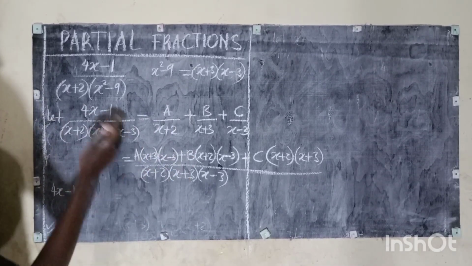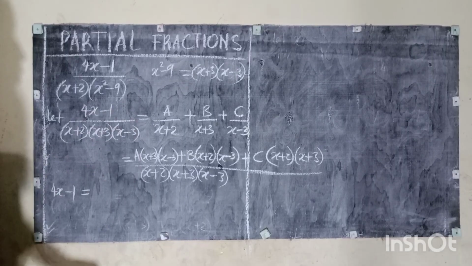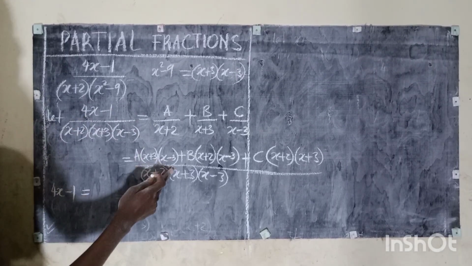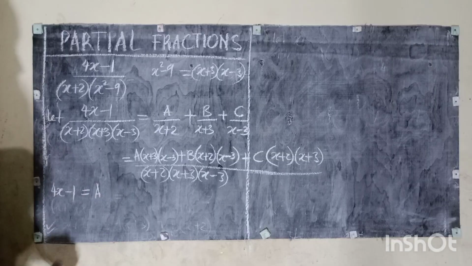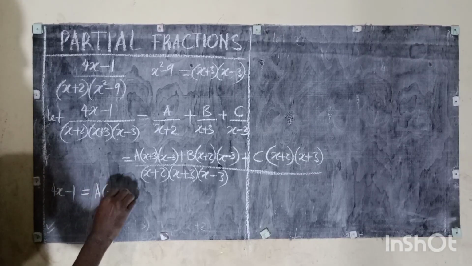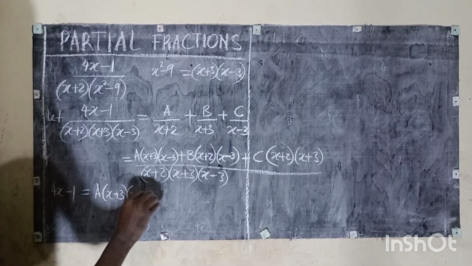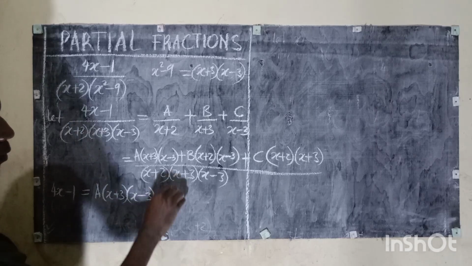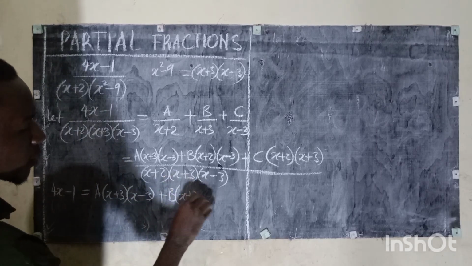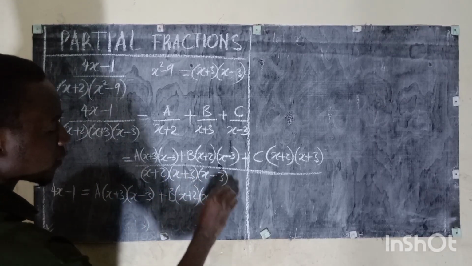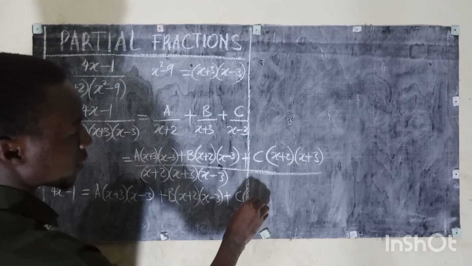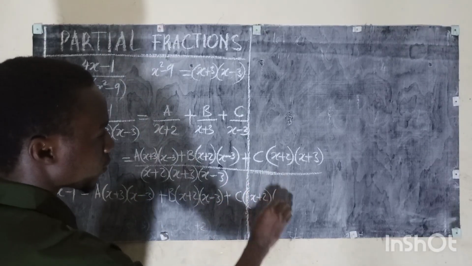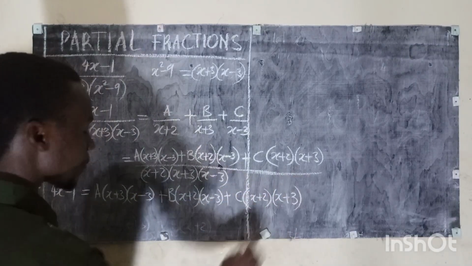Denominators are the same, implying that numerators should be equal. So 4x - 1 is equal to A(x + 3)(x - 3) + B(x + 2)(x - 3) + C(x + 2)(x + 3).